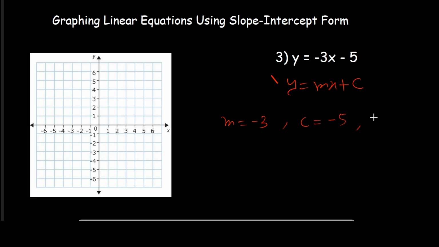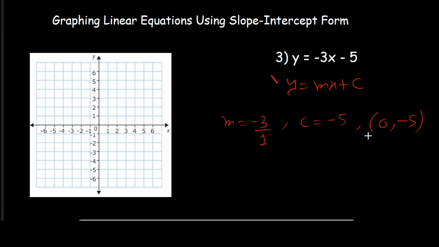So our y-intercept point is (0, negative 5) and our slope is m equal negative 3. We can easily put 1 in the denominator of this. It does not change the value of the slope.